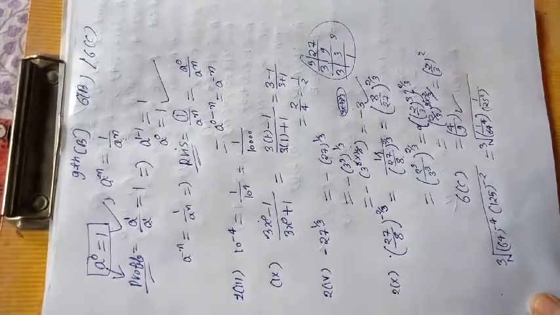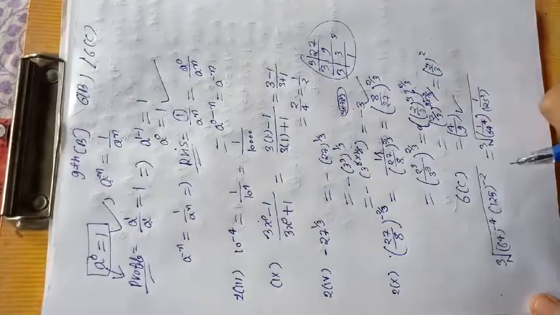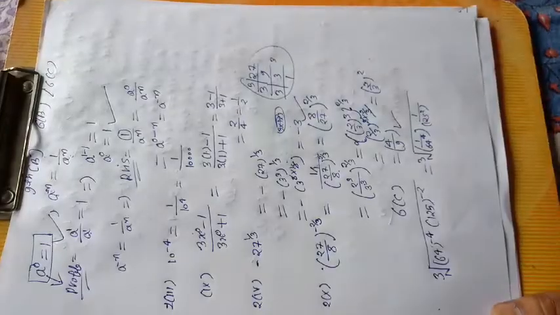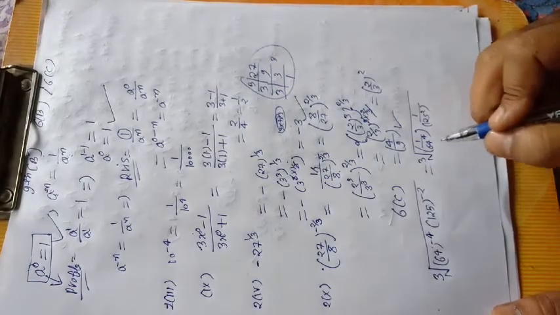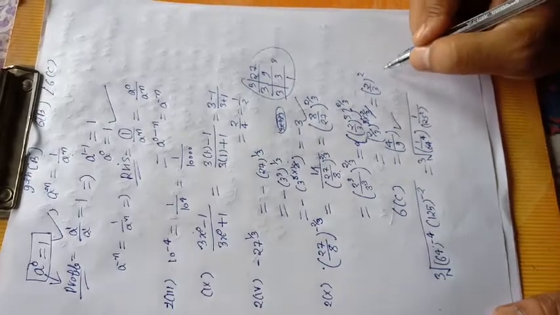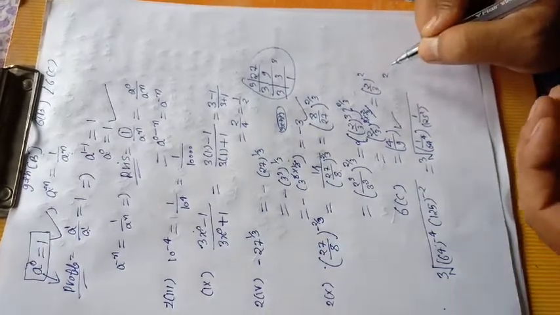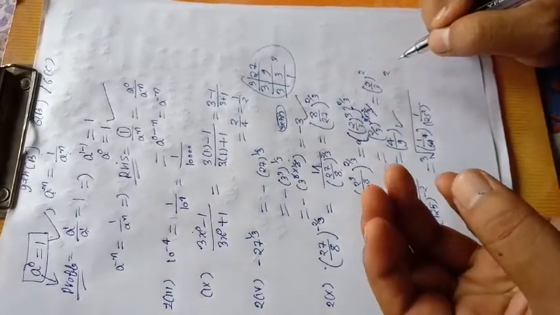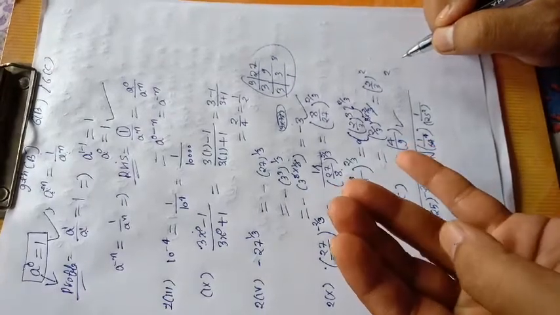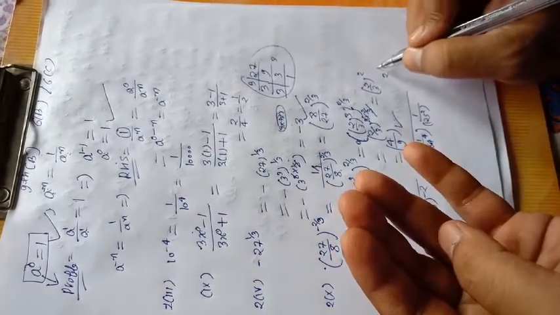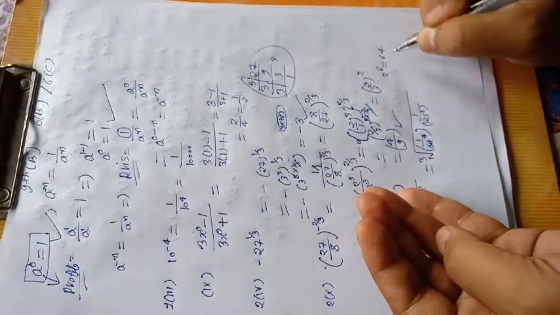Now 64 can be represented as: 2 times 2 is 4, 4 times 2 is 8, 8 times 2 is 16, 16 times 2 is 32, 32 times 2 is 64. So 2 to the power 6 equals 64.